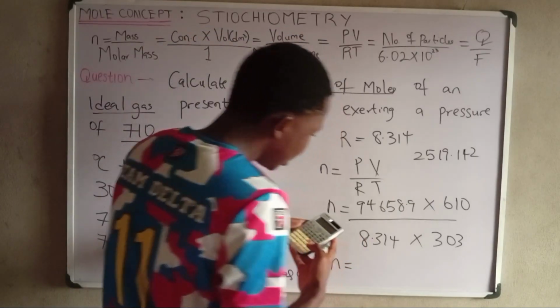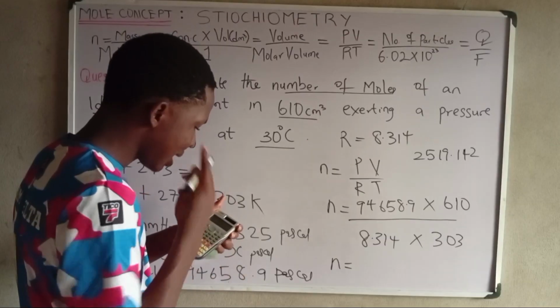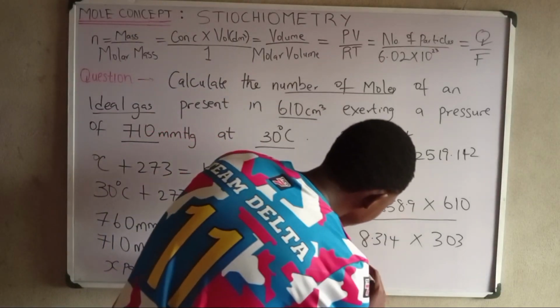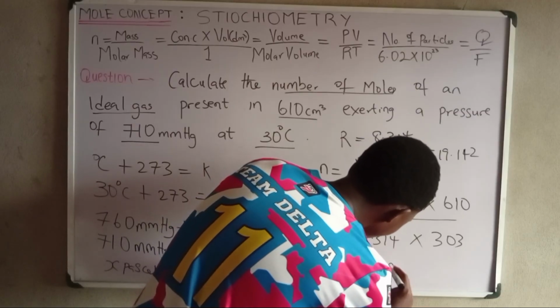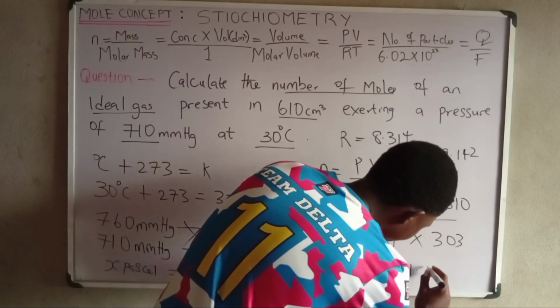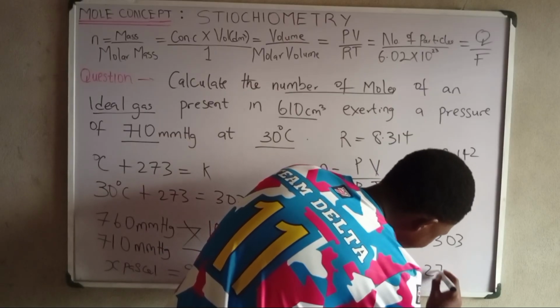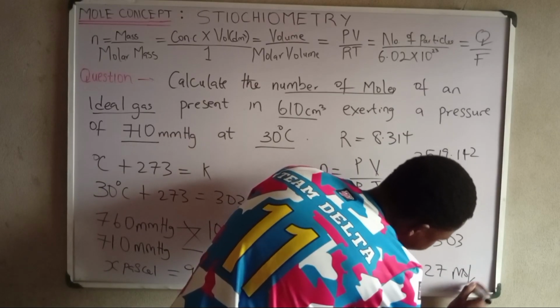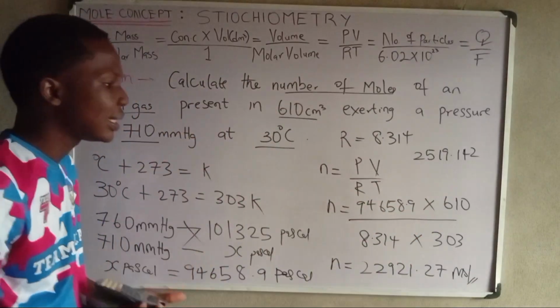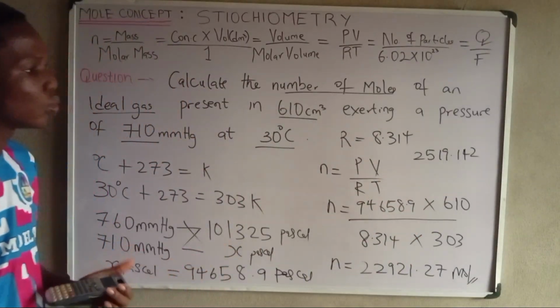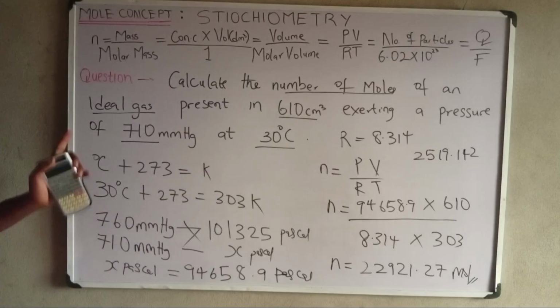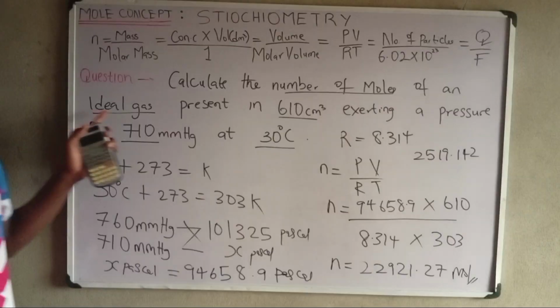Now there we go. Now our answer is what? Our number of moles is what? 22921.27 moles. Alright, now this is our answer for our number of moles. This is how you solve the equation concerning ideal gas.